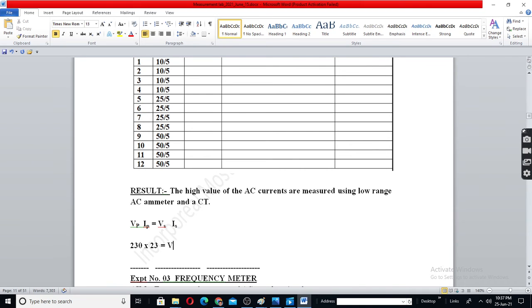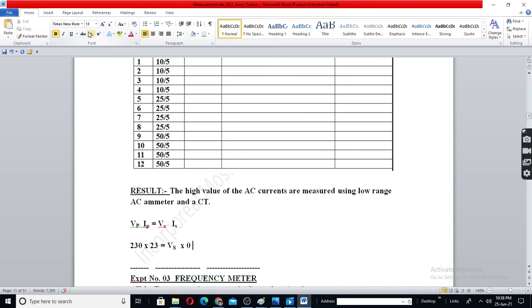Now suppose the secondary is open. Then IS will be equal to 0.